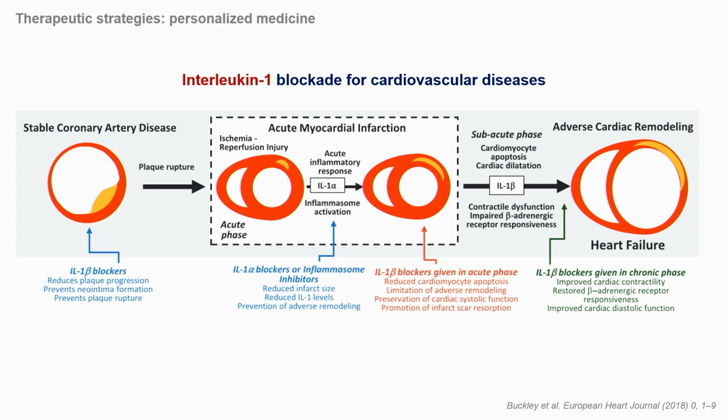So blockade of interleukin-1b should ideally be beneficial for diseases involving the coronary artery. In various degrees of stable coronary disease, MI, and ischemic cardiomyopathy involving cardiac remodeling, interleukin-1 blockade has been shown to be beneficial in various stages of these models.